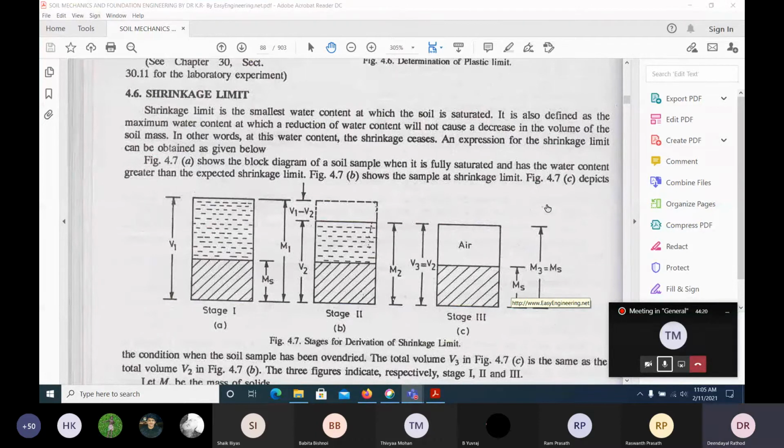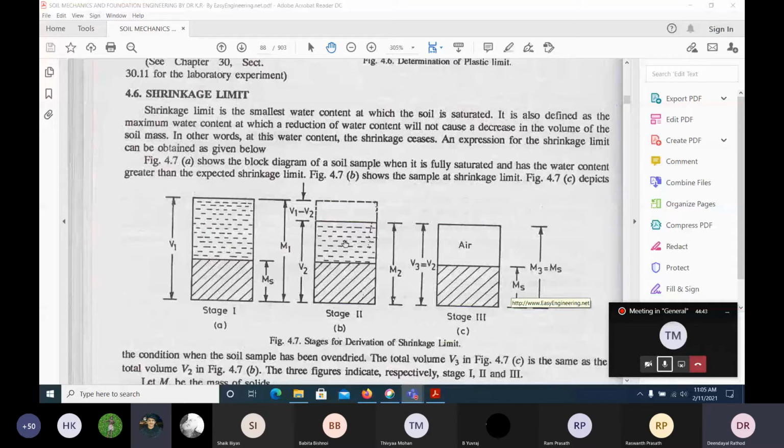Anyone? Which stage is our shrinkage limit? Sir, third one, sir.